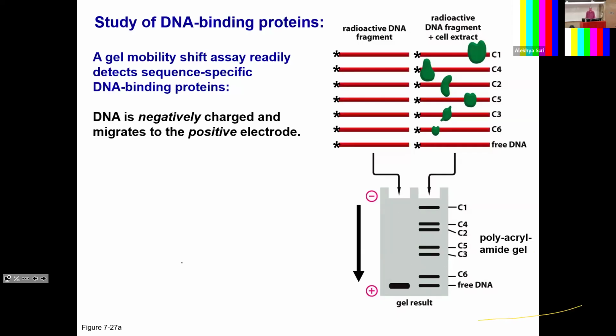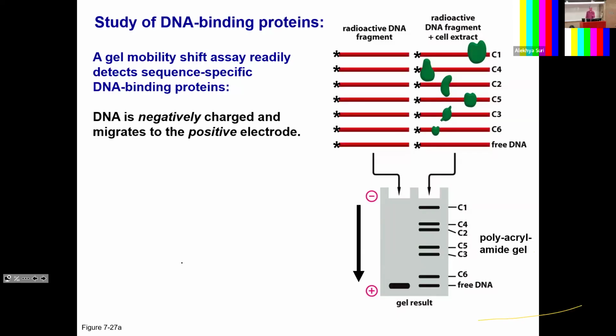So we have here a very simple test that you can do in the reaction tube. This is not something that you would analyze in the intact cell. You would do this with defined components in the reaction tube.